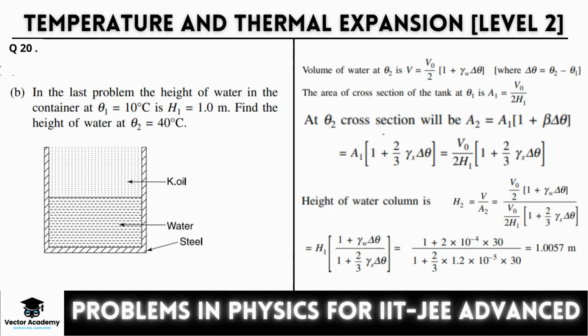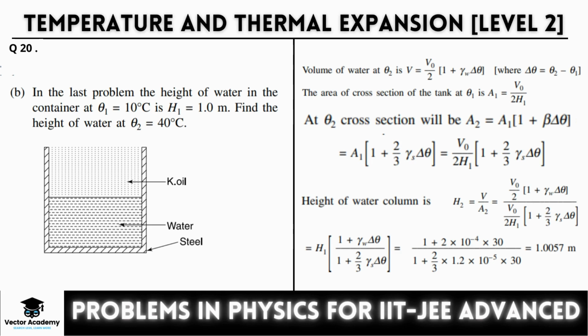Volume of water at θ2 is V equals V0 by 2 into 1 plus gamma W delta theta, where delta theta equals θ2 minus θ1. The area of cross-section of the tank at θ1 is A1 equals volume divided by height equals V0 by 2h1.